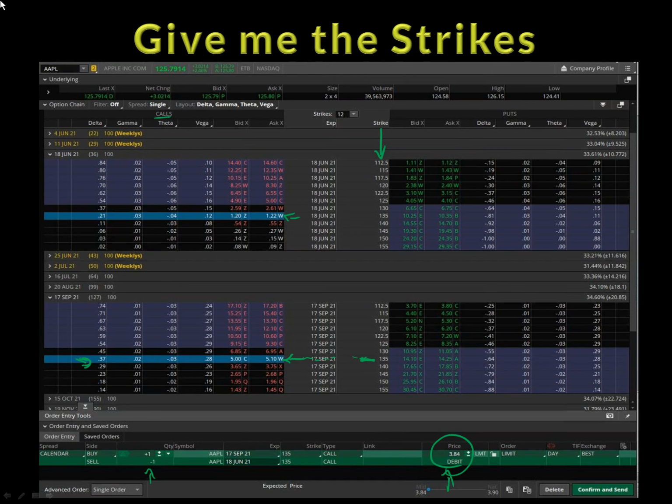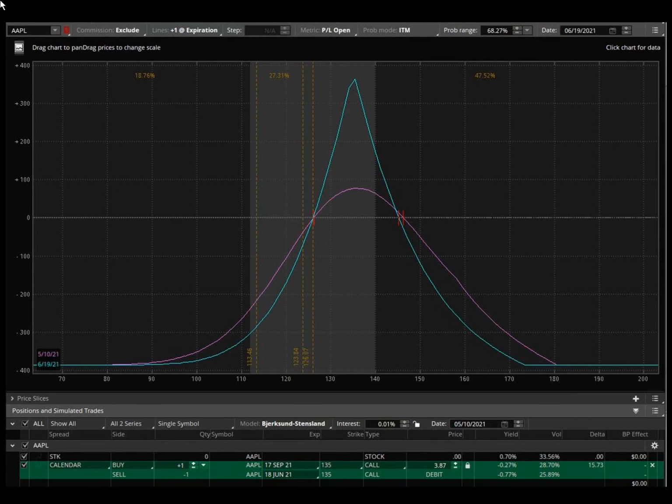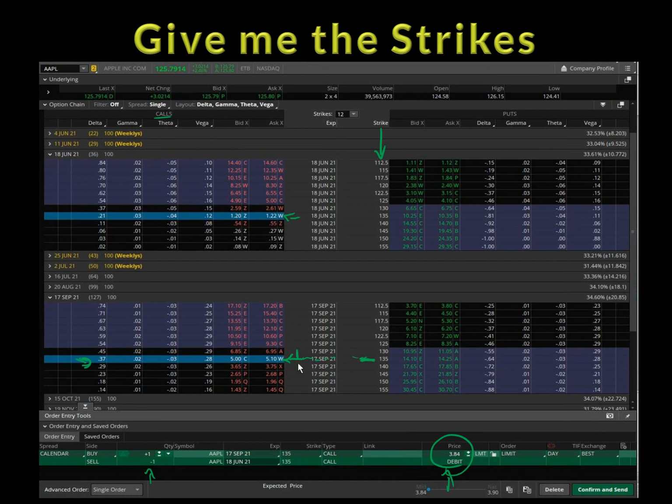During the life of this trade, our risk analysis, our max profit on this is going to be about 375. Our risk is right around the same as well. Now, if this option expires worthless, we collected a credit for that trade. I'm buying a call and selling a call.